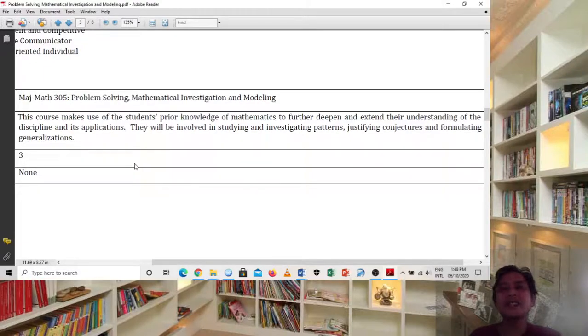When you say justifying conjectures, we justify that the conjecture is true or not true. We would be looking for patterns in order to make a conjecture, and then finally to justify that conjecture. That would be the main business in this subject.